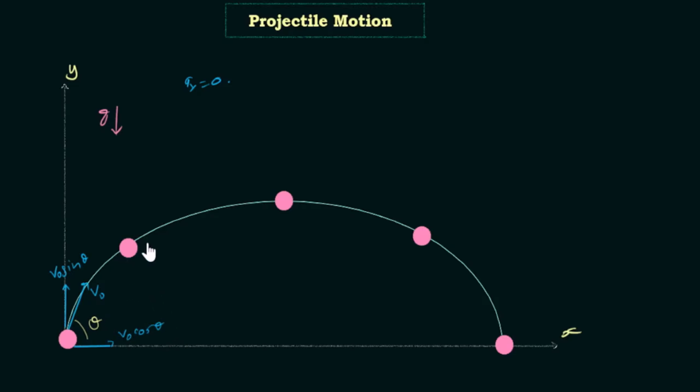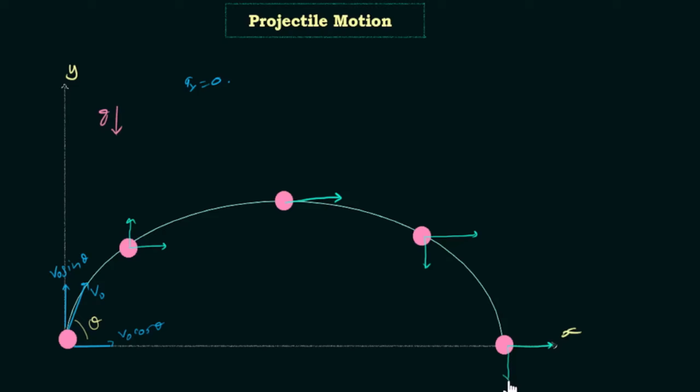So what happens here is I can make the velocity vector like this. The x component will remain the same, but the y component will decrease. At the maximum height, there will be only the x component. Then the y component will be downward because the object is now moving vertically downward, while the x component stays in this direction.